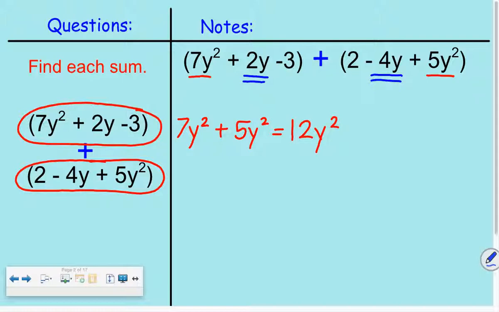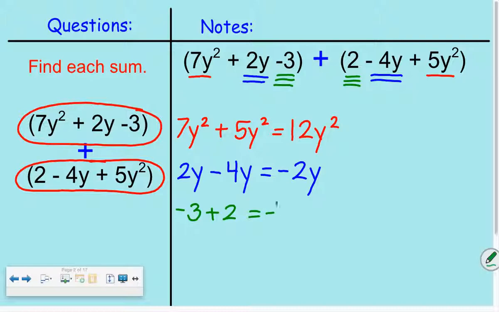I'm putting two lines under those to show that they're alike. So 2y and negative 4y, if I combine 2 and negative 4, I get negative 2y. And finally, negative 3 and 2 are like terms because they are just regular numbers. So negative 3 plus 2 equals negative 1.